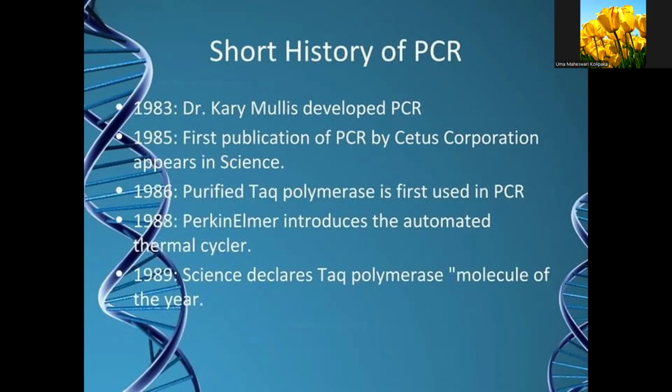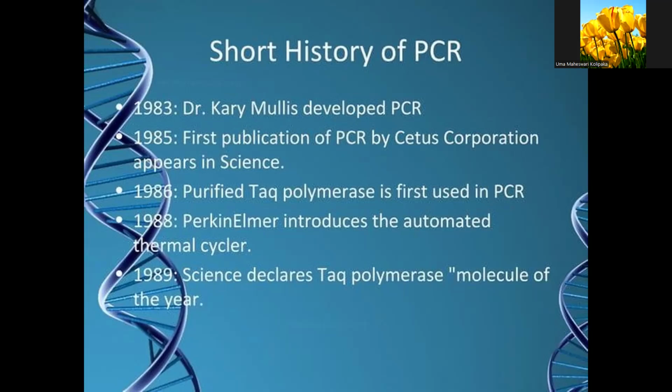In the same manner, if we have our desired gene fragment, we can amplify it, we can make n number of copies of that fragment with the help of this PCR. That is the actual meaning behind PCR, polymerase chain reaction.